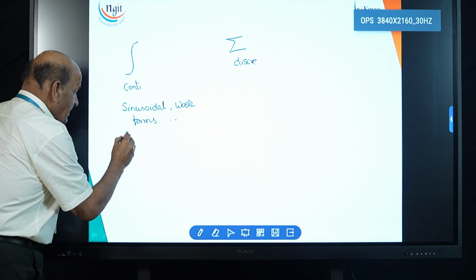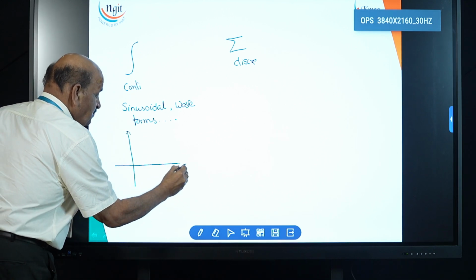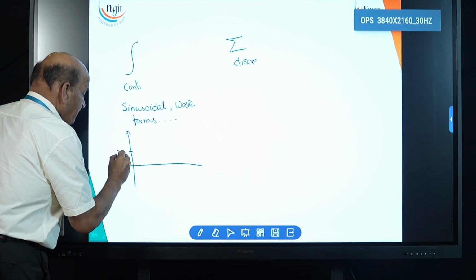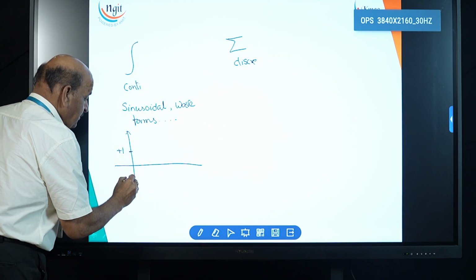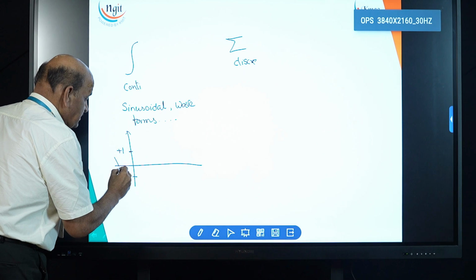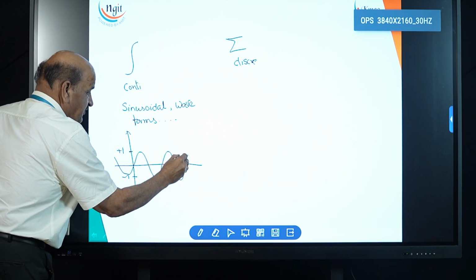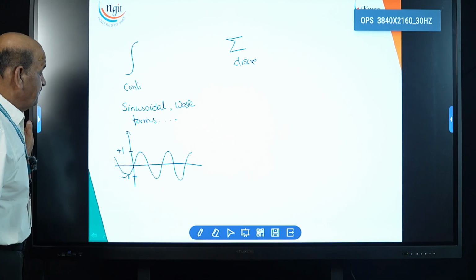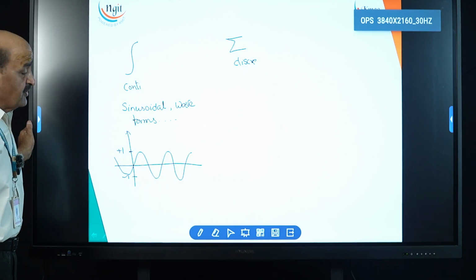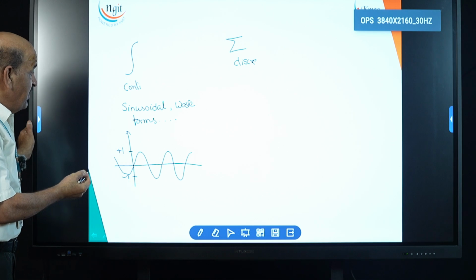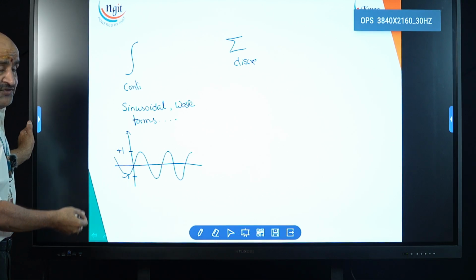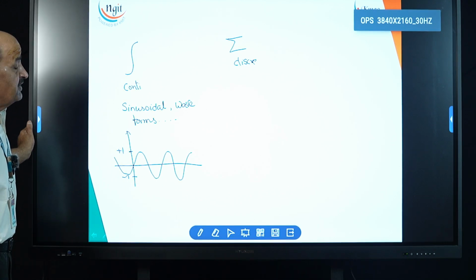A sinusoidal signal means a sine signal. It varies between +1 and -1, and it goes like this. This is a continuous curve. All continuous curves, waveforms, and electronic signals come under the category of continuous time signals.